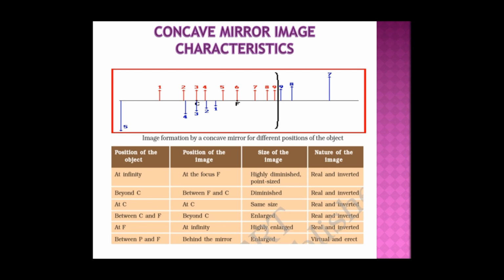And you will have the image, the blue one, also located at different positions. In a concave mirror, it's quite complicated because at a certain position, the image changes its height, changes its orientation, and apparently could be diminished.